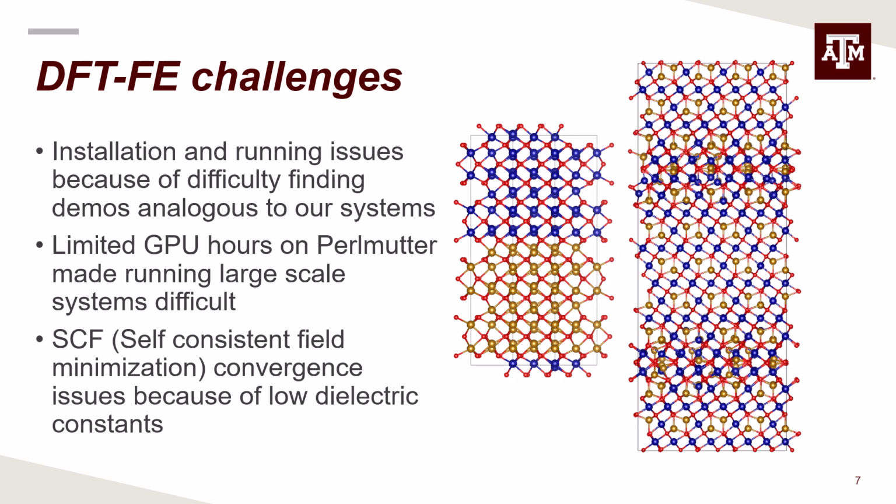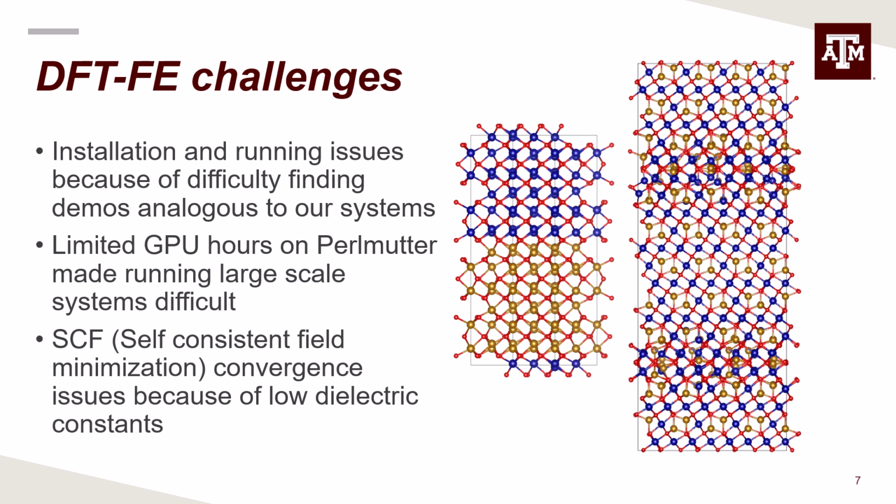This system was a semi-coherent interface that was strained in order to become coherent, just as a quick test. And this larger system on the right is essentially the larger basis from which the smaller coherent system was created. This is a grain boundary between two materials, creating a semi-coherent interface.